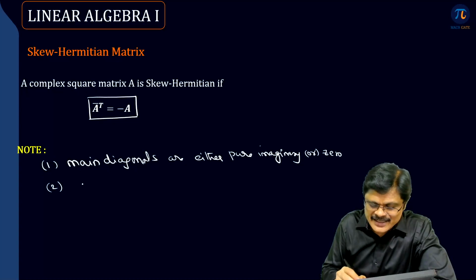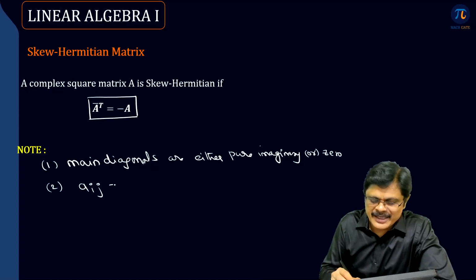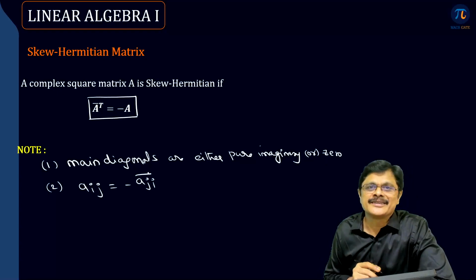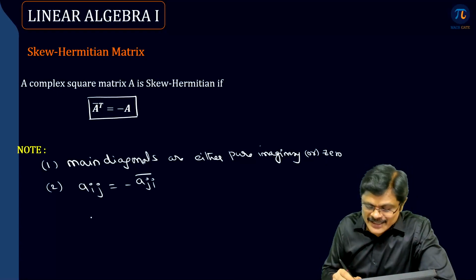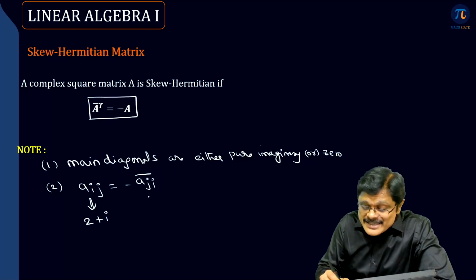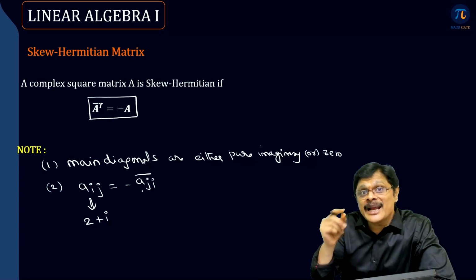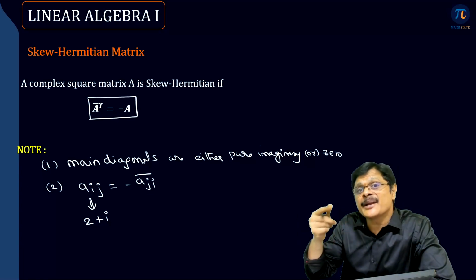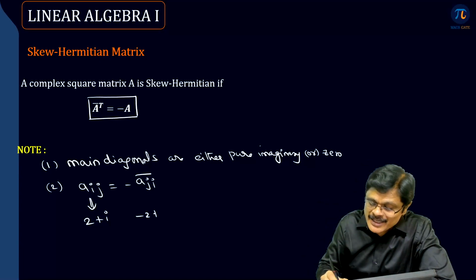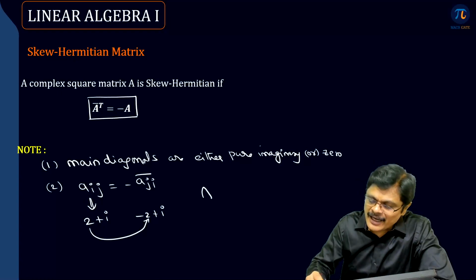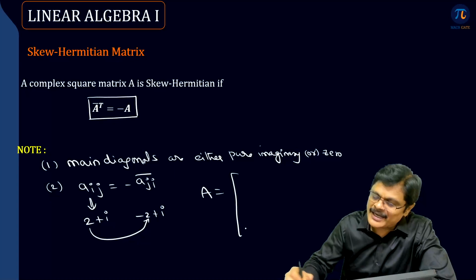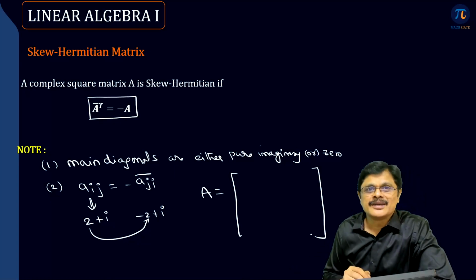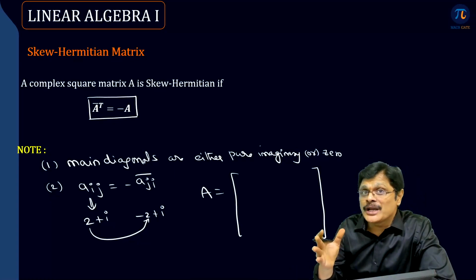And second thing is Aij must be equal to minus the conjugate of Aji. See, the idea is, suppose it is 2 plus i, the negative conjugate means the real part sign is different, the imaginary part sign is the same. So it should be minus 2 plus i. You can try constructing a skew Hermitian matrix on your own, my dear. The main diagonal must be either purely imaginary or 0.